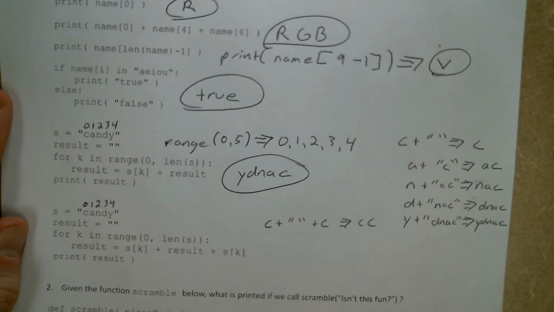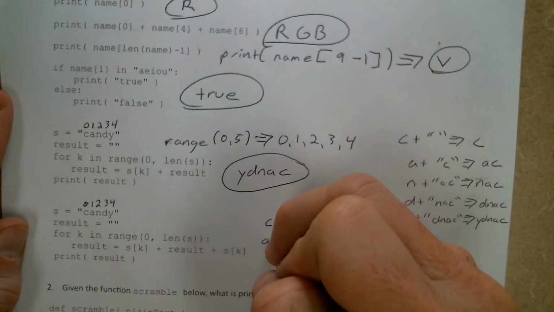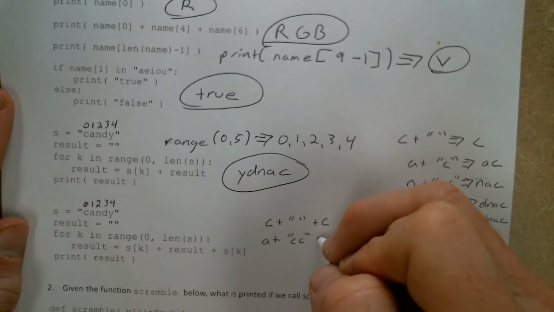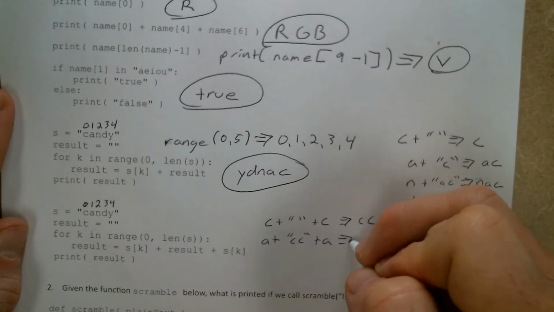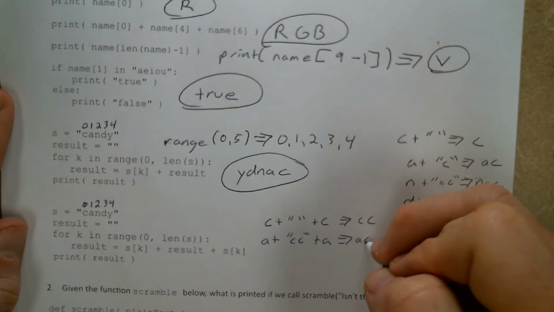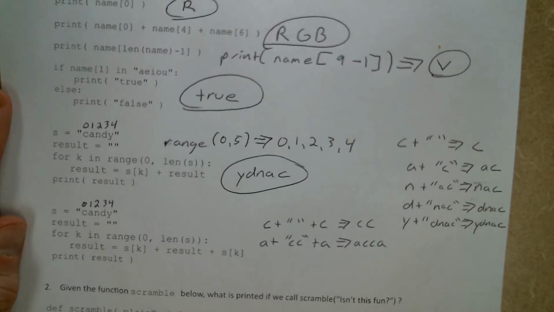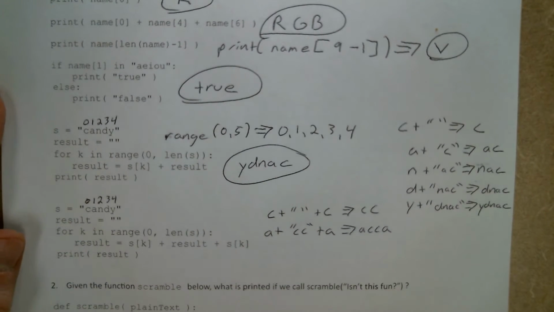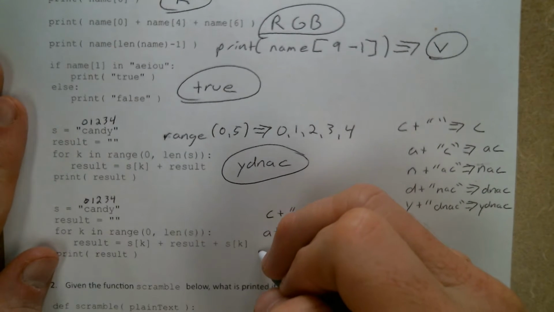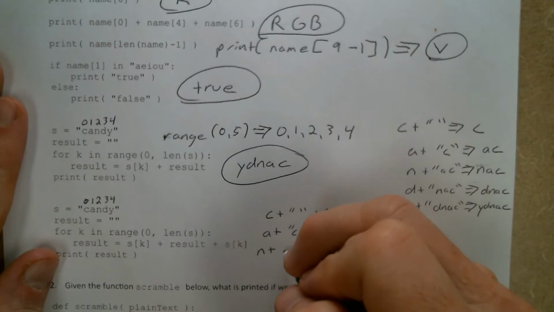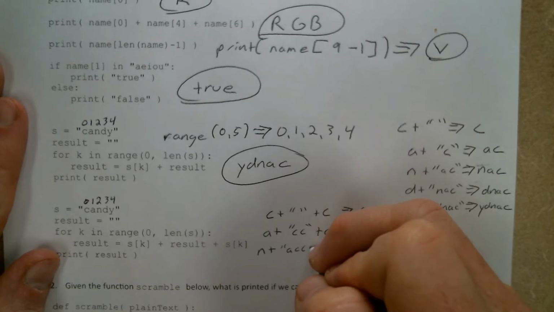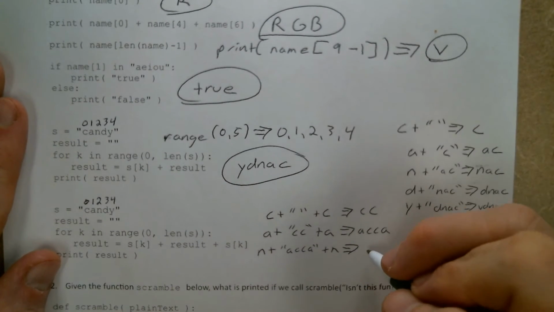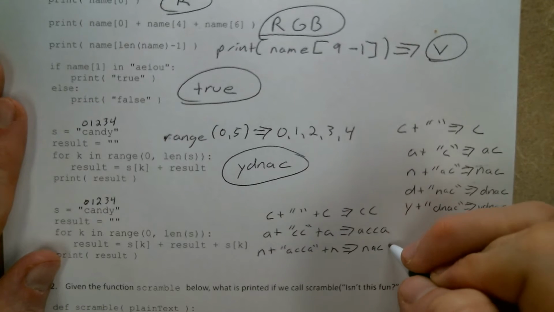Then we move to the next one, and we're doing A plus the result, which we now know is CC, plus another A, which is going to give us ACCA. And then you can kind of see what's happening here. I'll still go through it, but now we're going to add N plus result, which is ACCA, plus another N, and then we're going to get NACCAN.